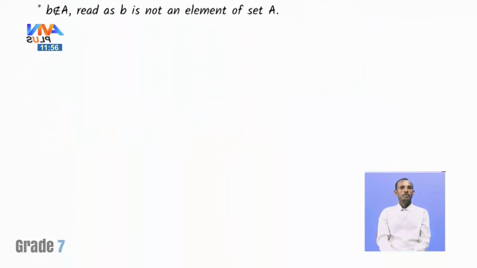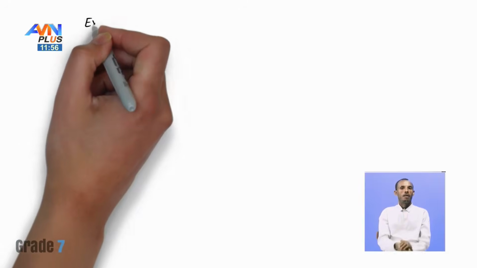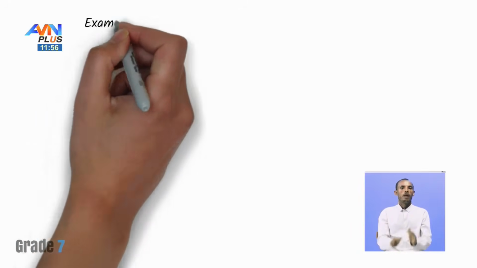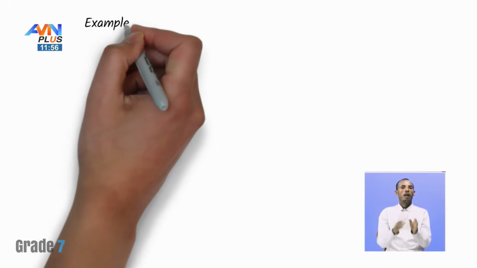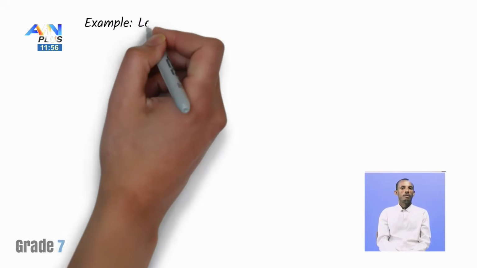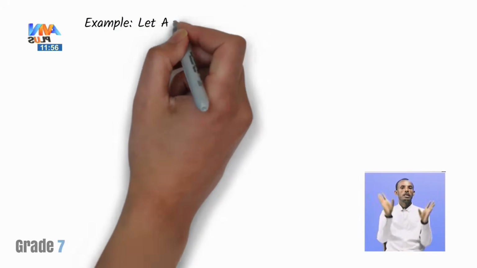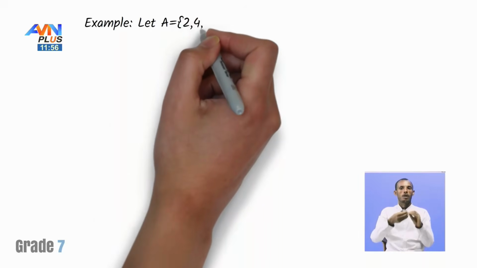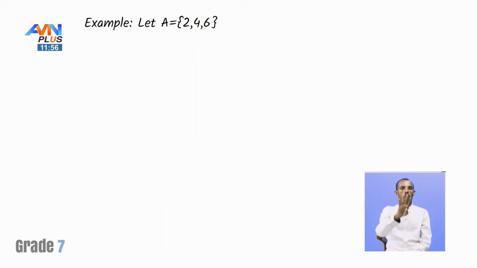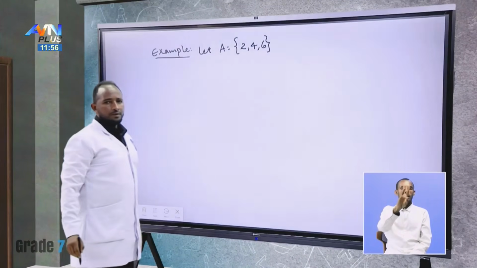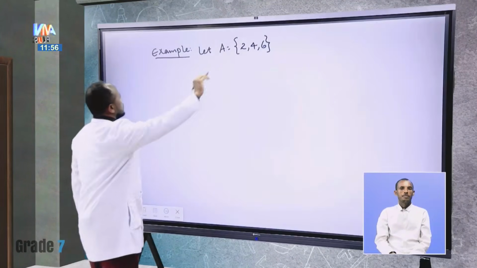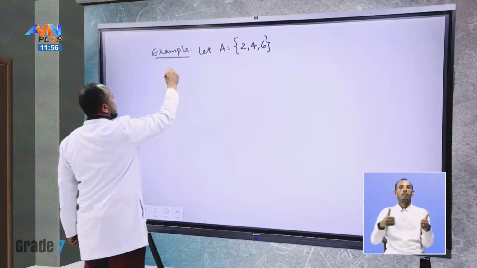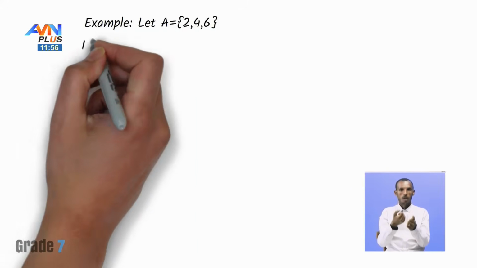Example. Let set A consist of the numbers 2, 4, and 6. Identify whether the following are true or false.